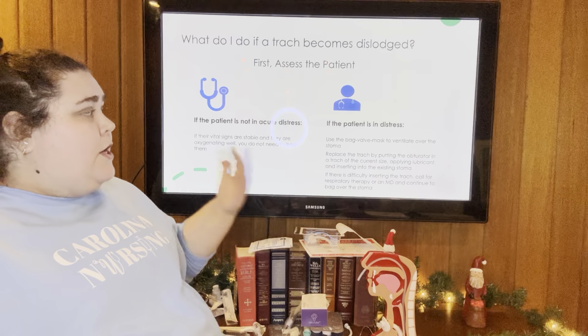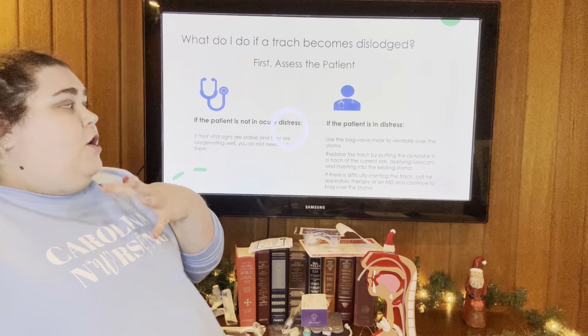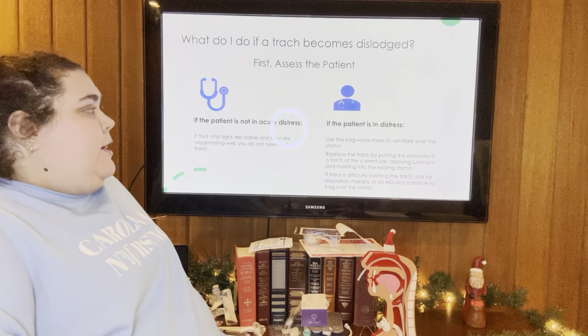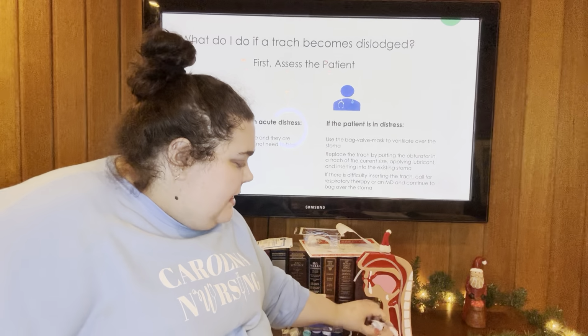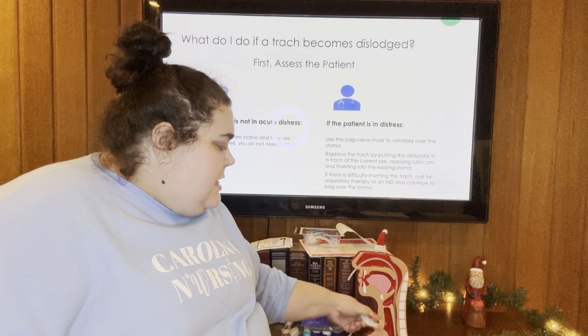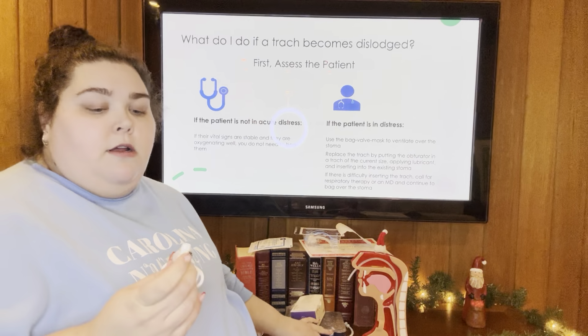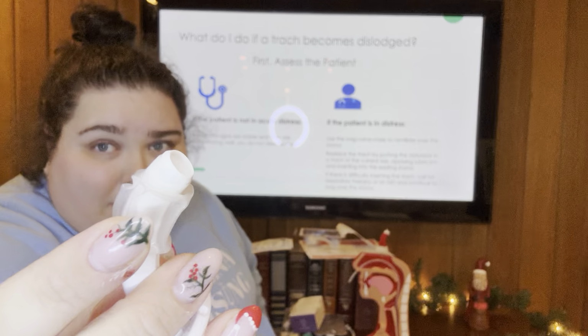So in that case, we want to put the bag valve mask or the ambu bag over the stoma with the mouthpiece and ventilate there. And then we want to, when we replace the trach, always, instead of just kind of shoving it in willy-nilly, if we look at the bottom of these trachs, if you can kind of see them, they're very sharp and pointy.